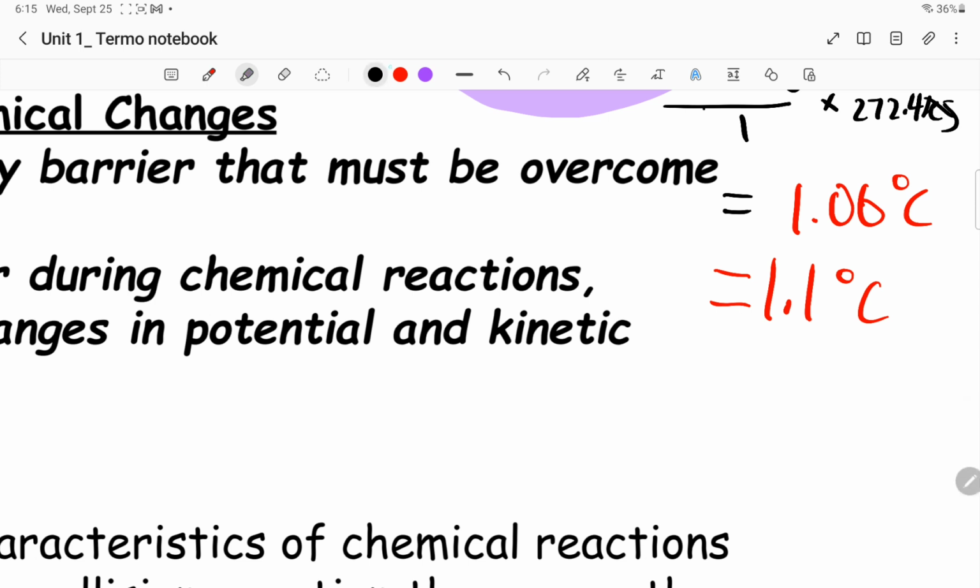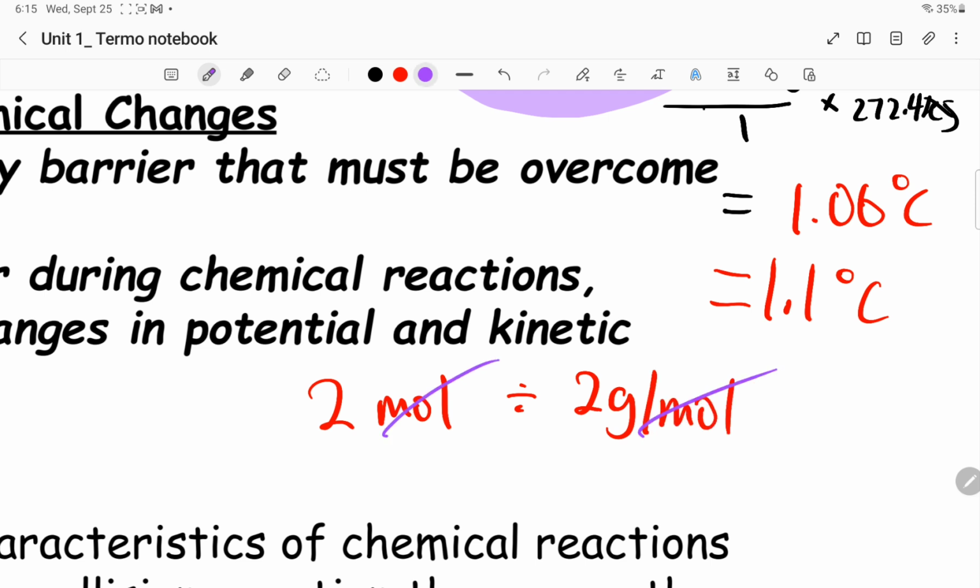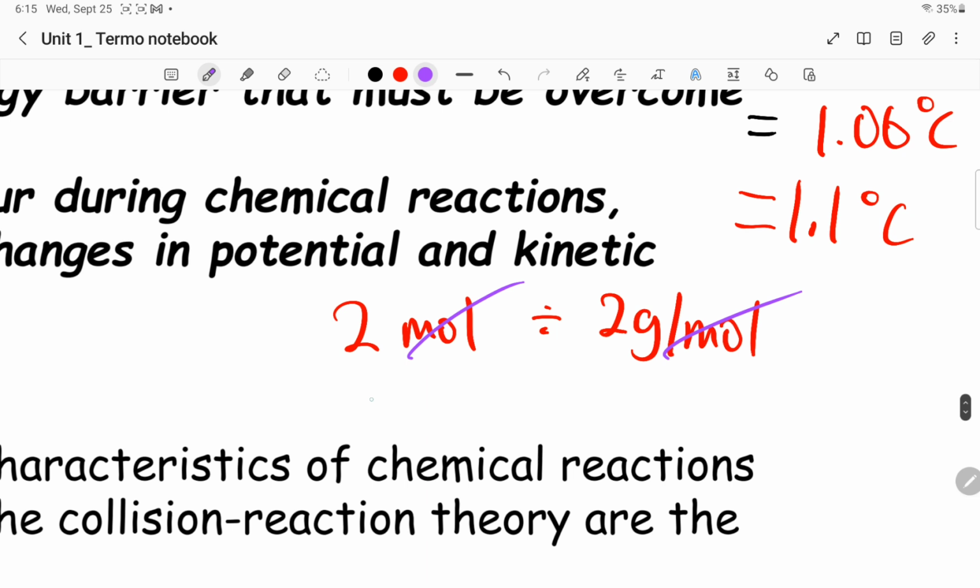One thing I see really common is, let's say you have 2 mole divided by 2 grams per mole. Somebody would cancel this and that out. That doesn't work, right? Because 2 mole divided by 2 grams per mole means you have to multiply by the inverse.